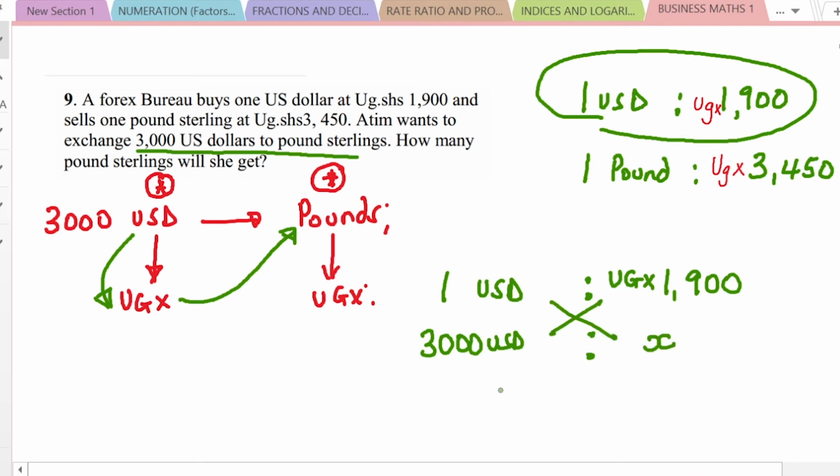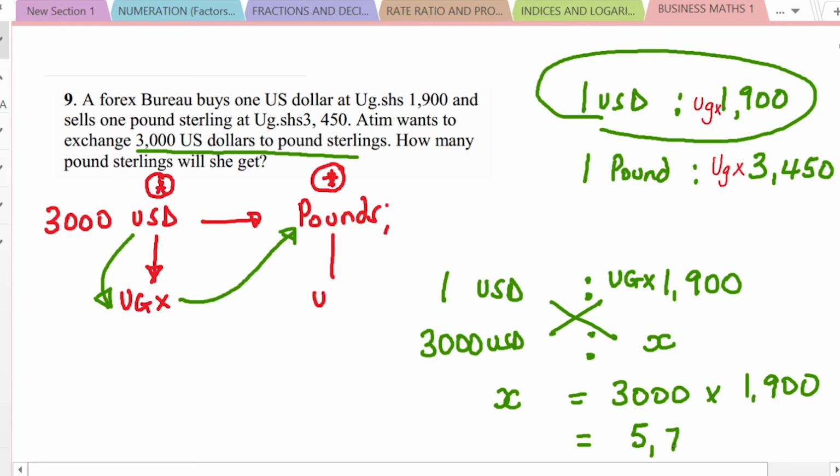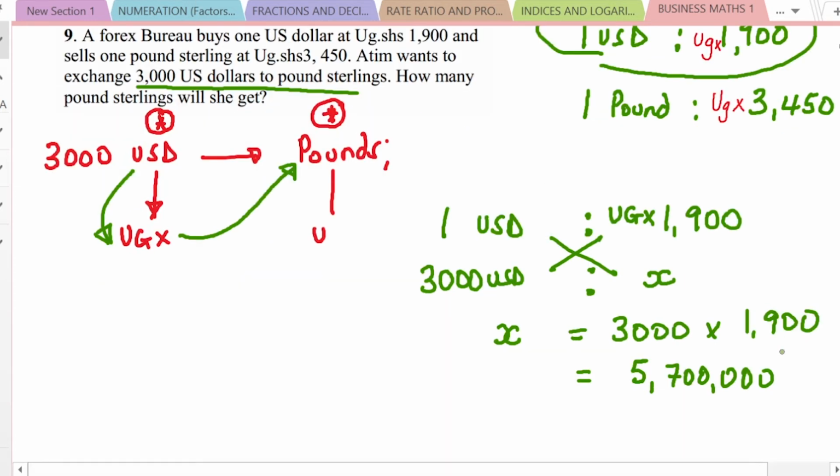When we cross multiply, x times 1 is going to be given by 3,000 multiplied by 1,900. What we have there is 5,700,000. And this 5,700,000 is Uganda shillings. So we have converted the 3,000 US dollars to Uganda shillings, and we have it as 5,700,000.